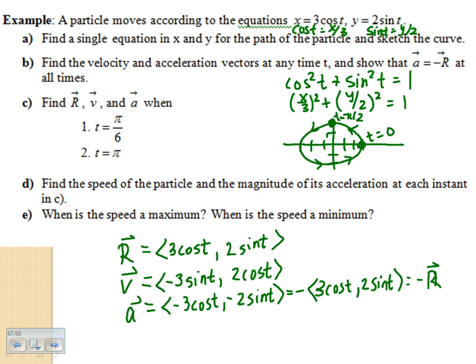So when I find my acceleration, and if I pulled out a negative, that's just negative position. Questions about that?